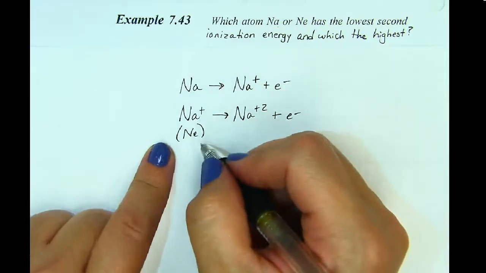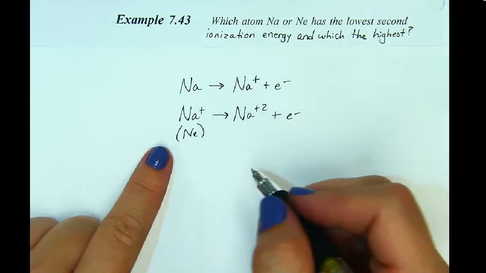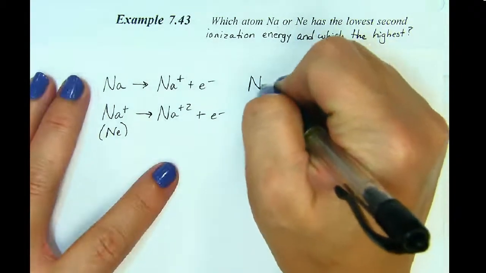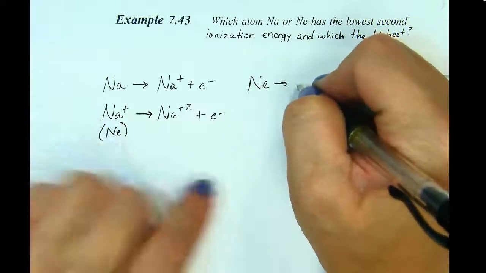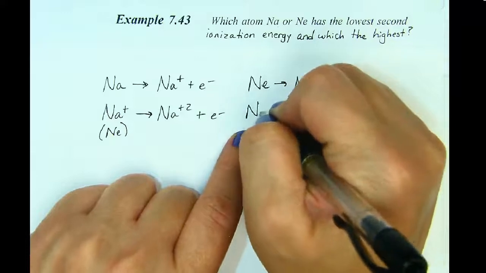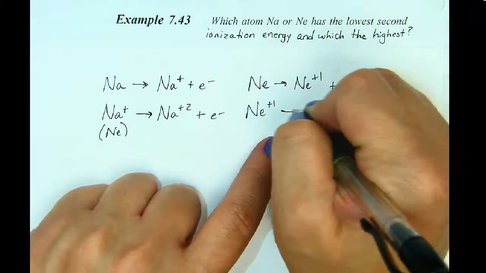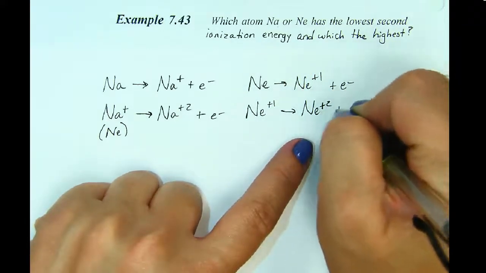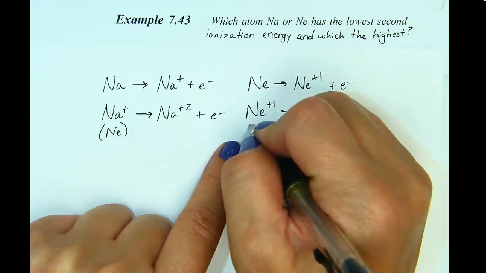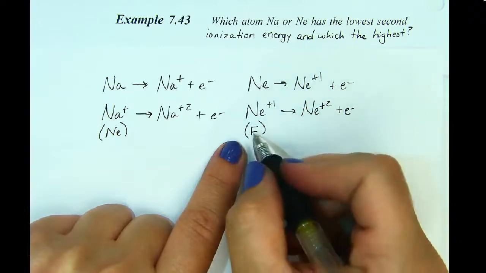If I compare it to what's happening with neon, neon's first ionization energy is going to bring it to Ne+, and the second ionization energy is going to be Ne+ turning to Ne2+. And notice that the neon with a +1 charge makes it isoelectronic with fluorine.